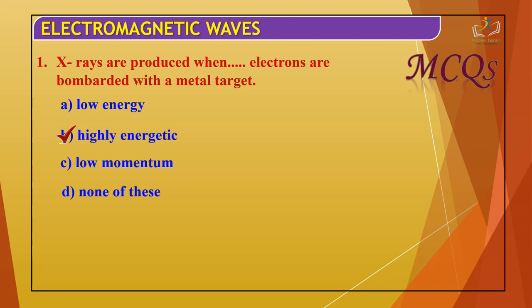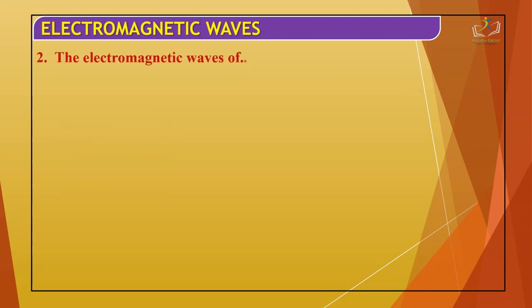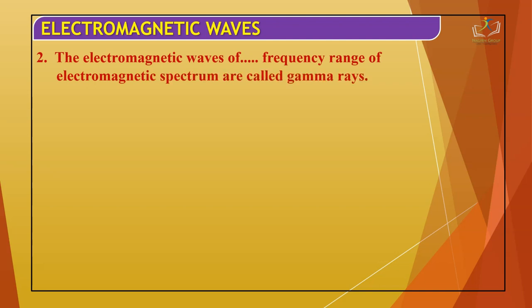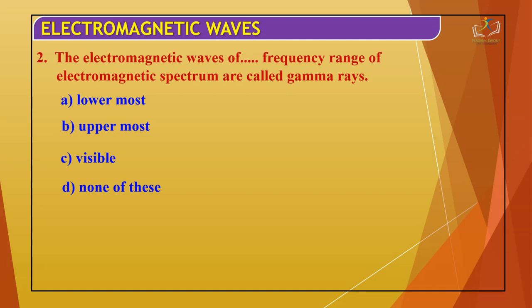So X-rays are produced when high energetic electrons are bombarded with a metal target. The electromagnetic wave of which frequency range of the electromagnetic spectrum are called gamma rays? Lowermost, uppermost, visible, none of these. The correct answer is uppermost.